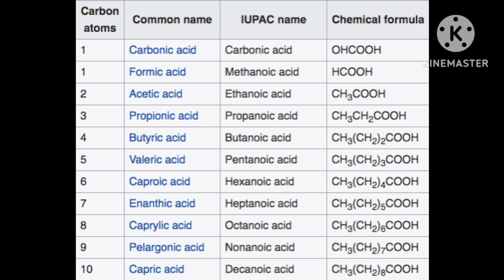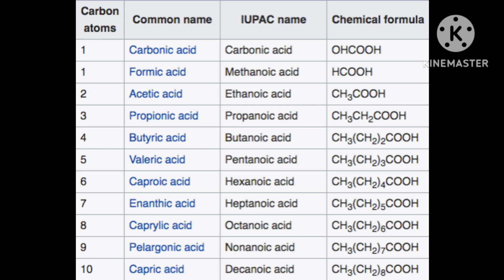Now what will be the IUPAC name here? Actually in propane, 3 carbons were there: CH2, CH2, CH2. With the middle CH2, one H is gone and COOH came. The first and last carbons should be CH3, but one H from both is gone and COOH is attached.